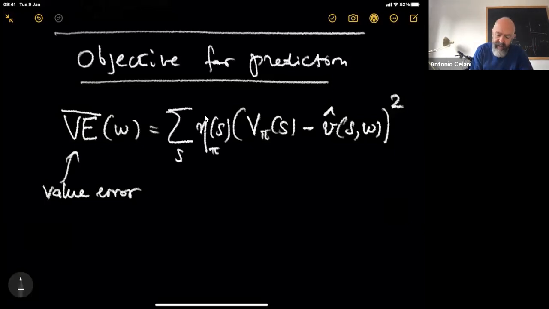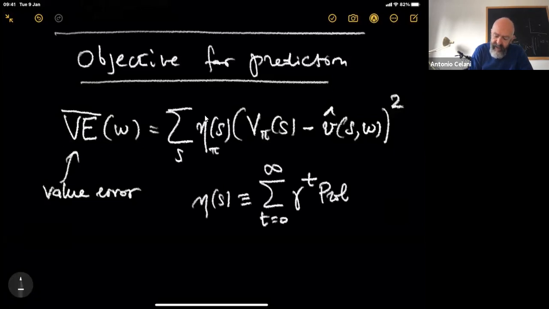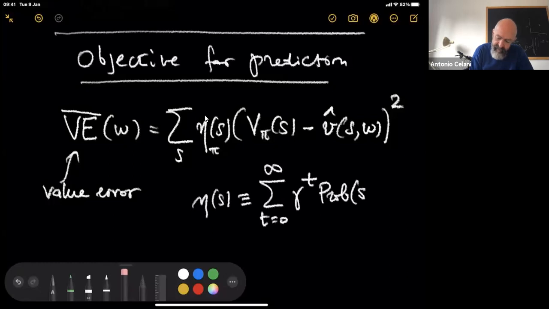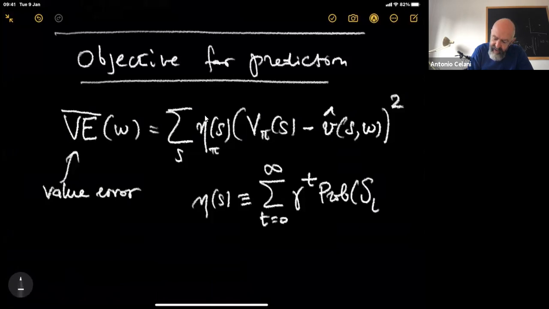An explicit definition is the sum over t going from 0 to infinity of gamma to the t, times the probability that the state of my system is actually s at time t.